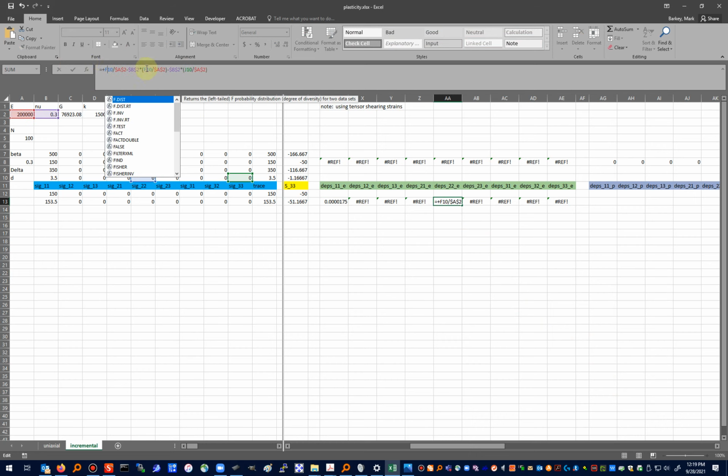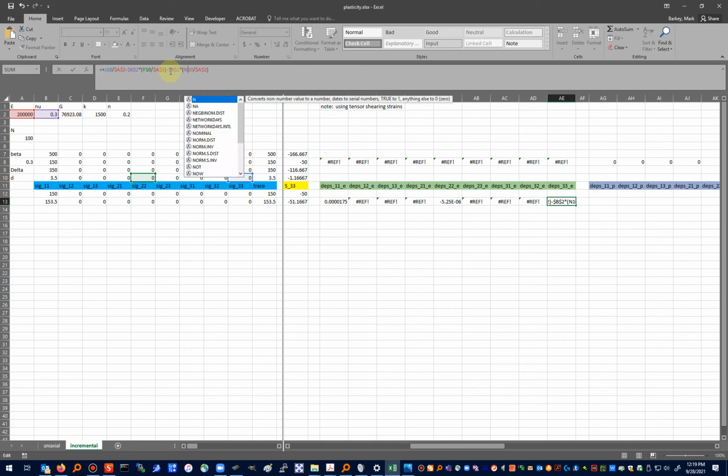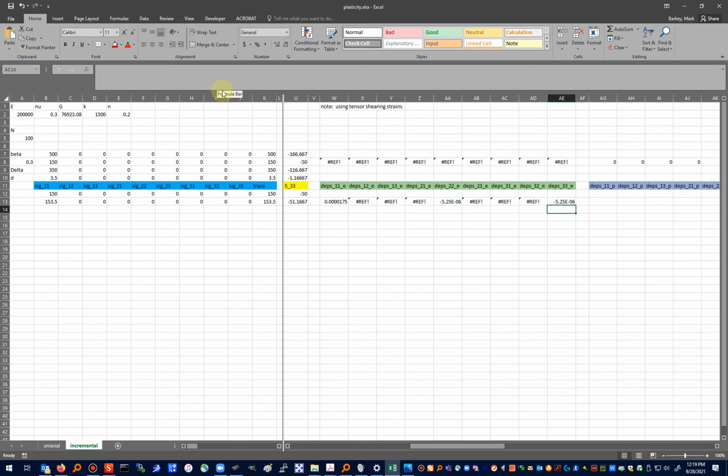F and B swapped. And over here, it's going to be the J and the B swapped. And this is going to be C10.